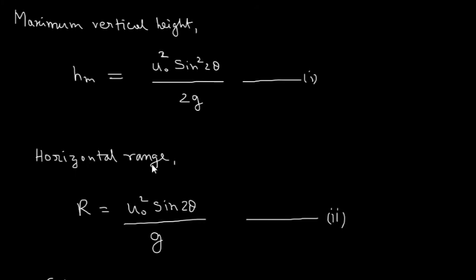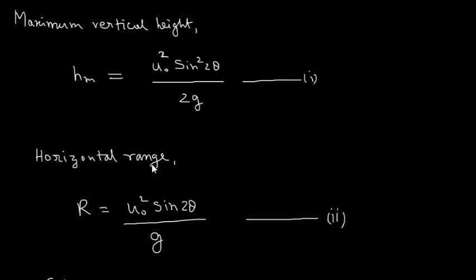Maximum vertical height hm is equal to u naught square sine square theta upon 2g, equation 1. Horizontal range R is equal to u naught square sine 2 theta upon g.